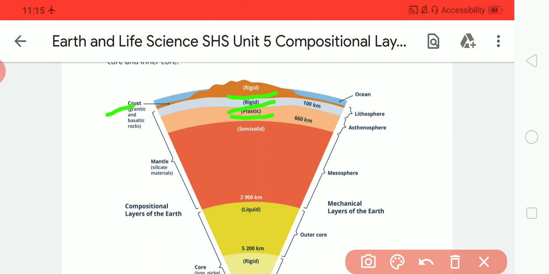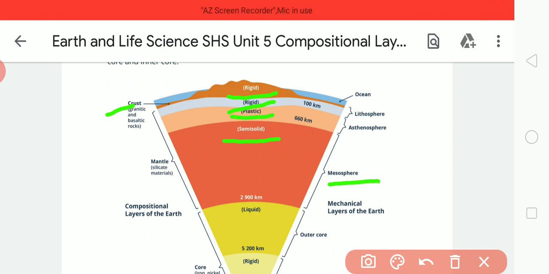Now the next one is the mesosphere. Mesosphere is just the mantle. Mesosphere is semi-solid.